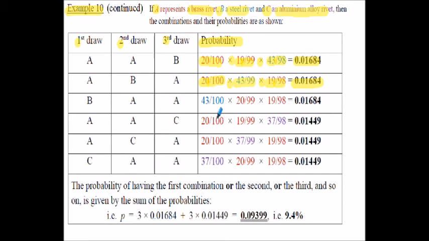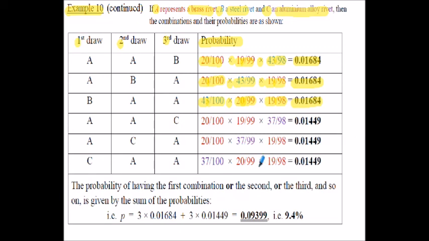Looking at our third row, we're drawing the steel rivet first of all, so 43 upon 100, multiplied by, for our second draw, we're drawing a brass, so that's 20 upon 99, and then third draw is 19 for the brass rivet upon 98 for the population there. Again, we get the same probability. So there's the first 3 rows of our table considered.